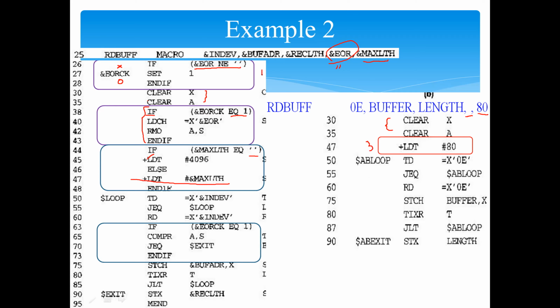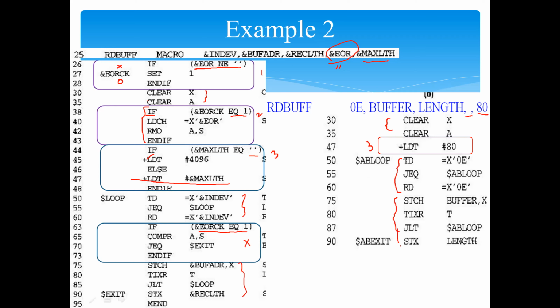This is the first block. This is the second block. The third block got expanded. Then after that, you have these three remaining statements coming, and you have the fourth block. So again, the fourth block will be expanded only if EORCK is 1, but EORCK is not 1, it is 0. So this block is also not expanded, and you have the remaining statements expanded in the macro.